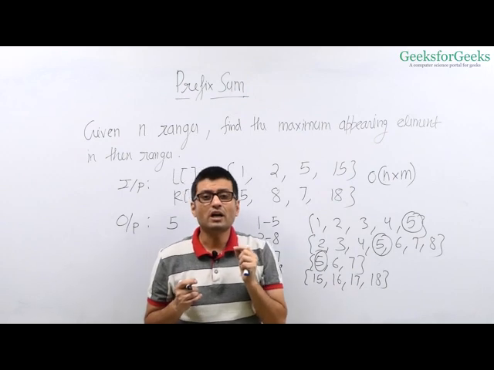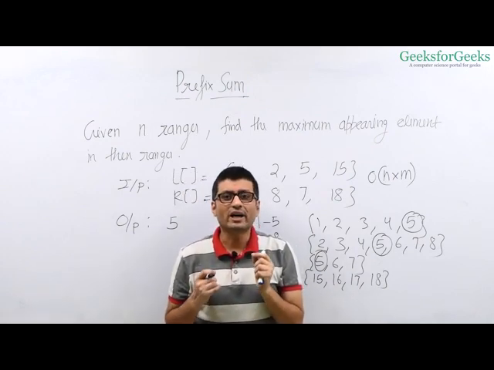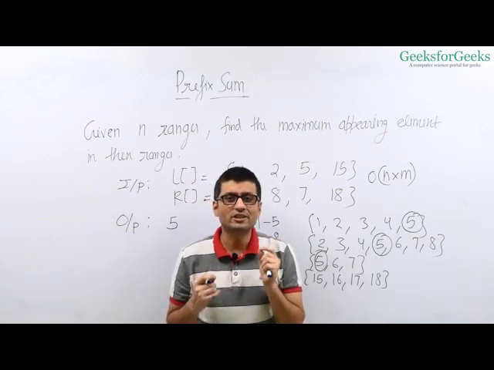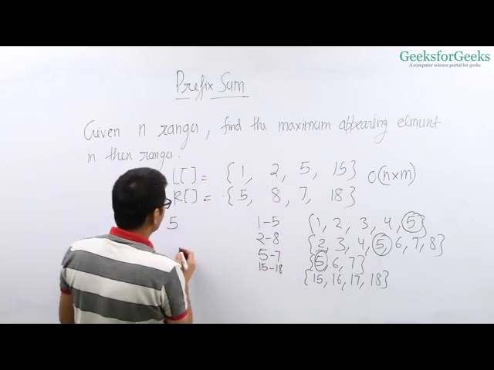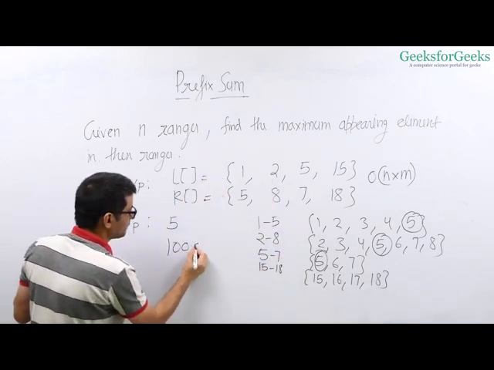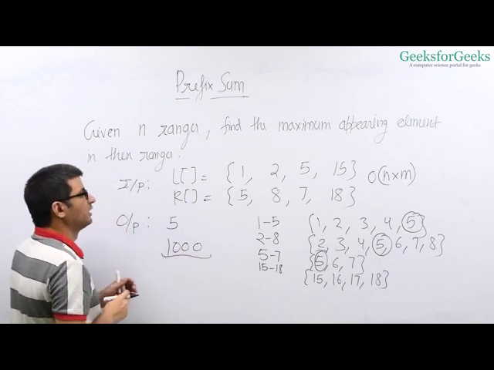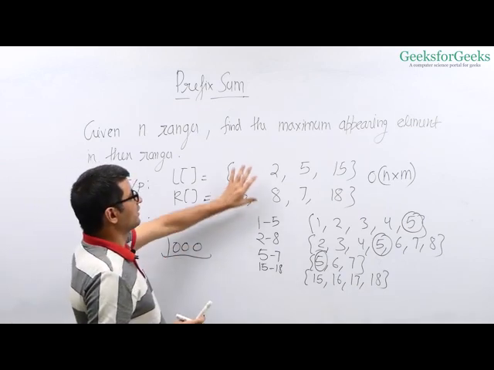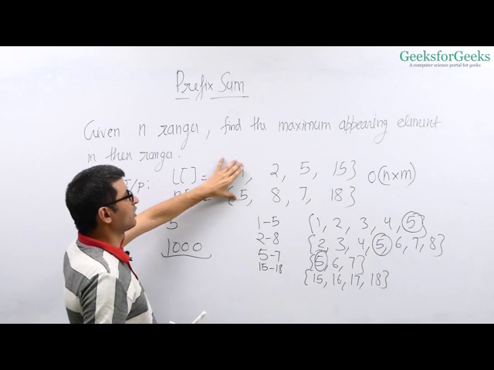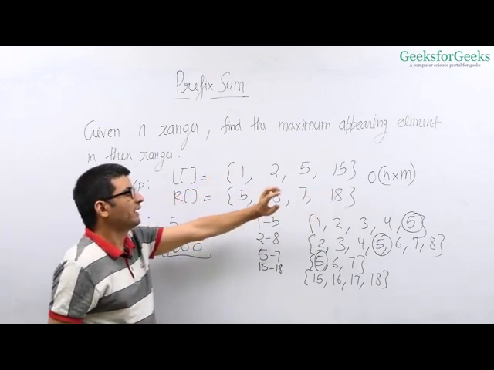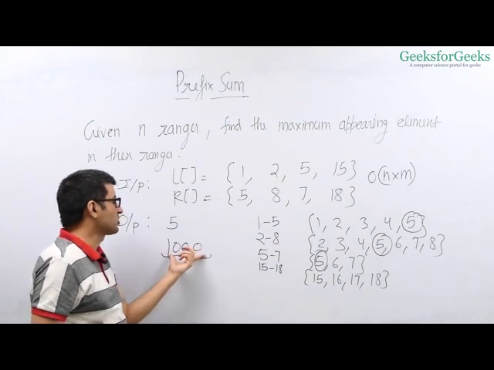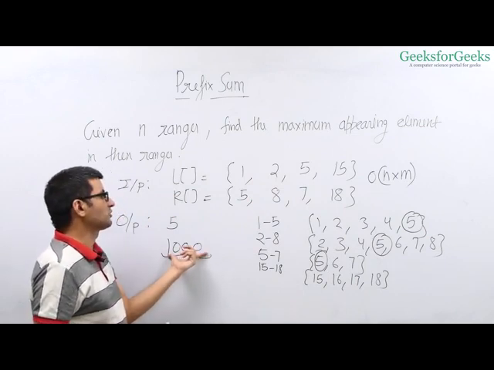If you are given that the values in these ranges are small, that the values never go beyond say 1000 or 10,000. So if all these ranges have small values, here 18 is the maximum value, and in general we assume that the maximum value never goes beyond 1000.